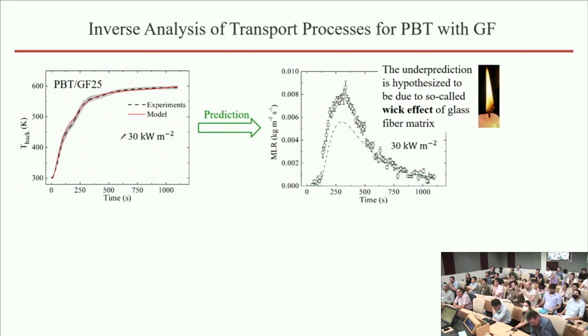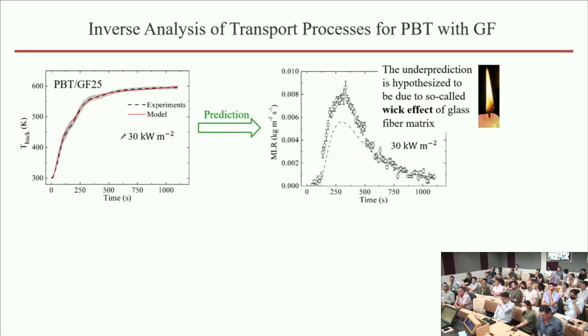Okay, good question. So the question is, why is there a difference in area between the modeled mass loss rate curve in this particular case, which is the green line, and the experimental result, which is the dots? And the answer to that is because the sample thickness in this particular case doesn't change with time.